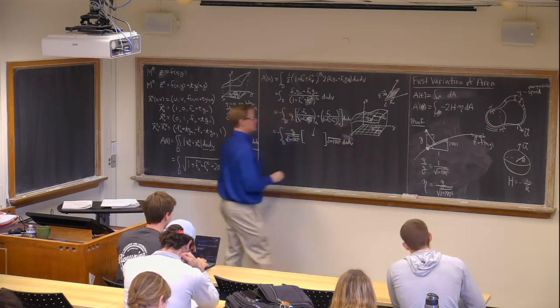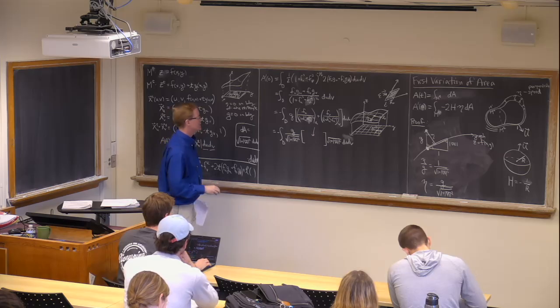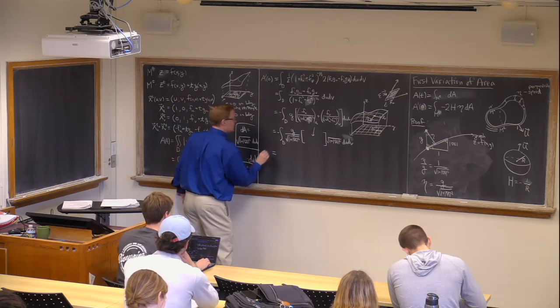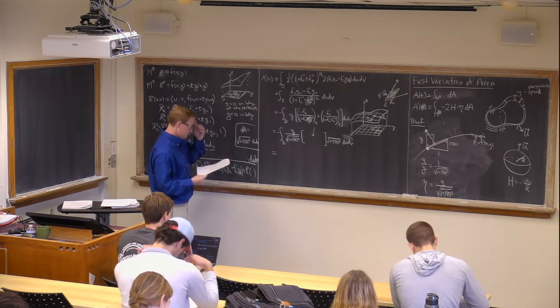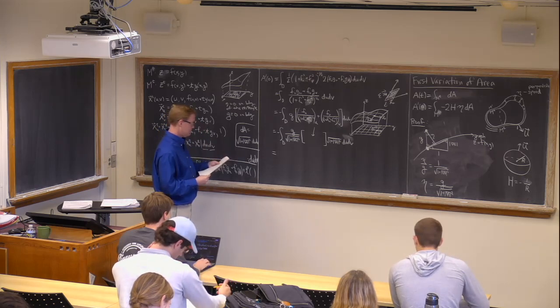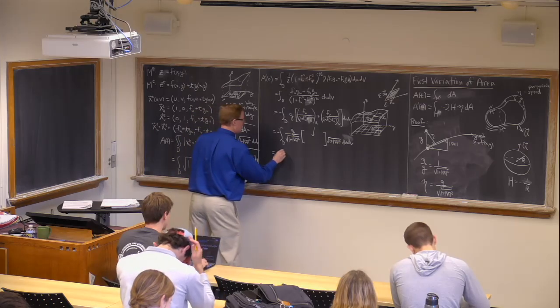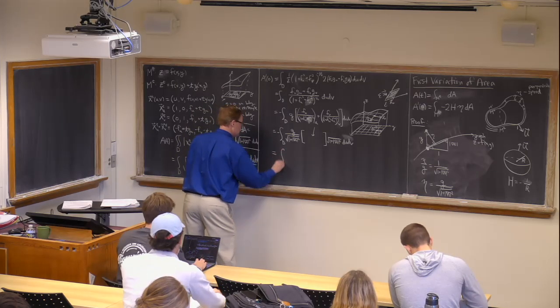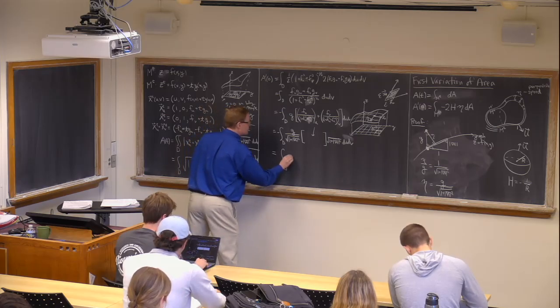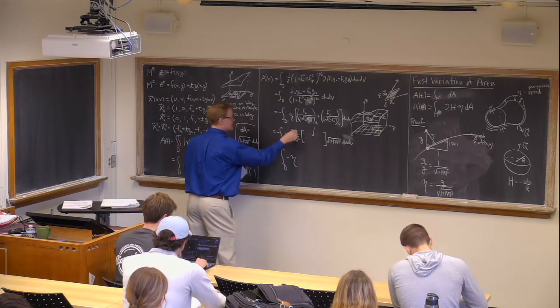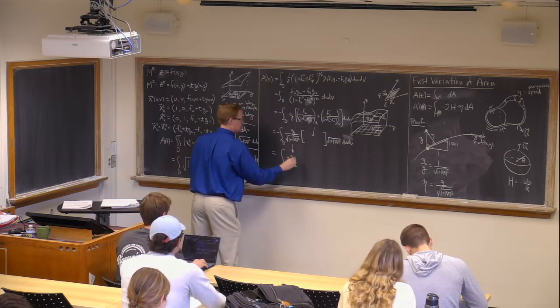Okay? And then you look at this, you're like, oh, okay. This is therefore the integral over D of negative eta, there's the minus sign, this thing right here is eta, right?